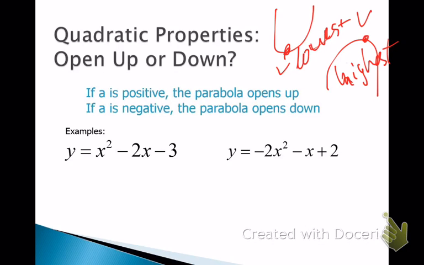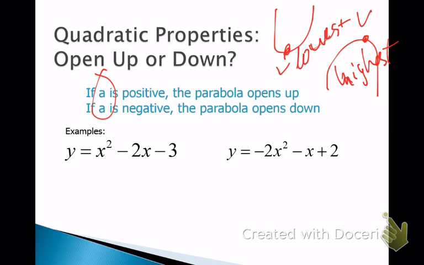Now, what dictates whether a parabola is going to open up or open down is the value of a. Remember, a is the coefficient on your quadratic term, or your x squared term. If a is positive, then the parabola is going to open up. If a is negative, then the parabola is going to open down. Generally speaking, positive means you're going up, negative means you're going down.